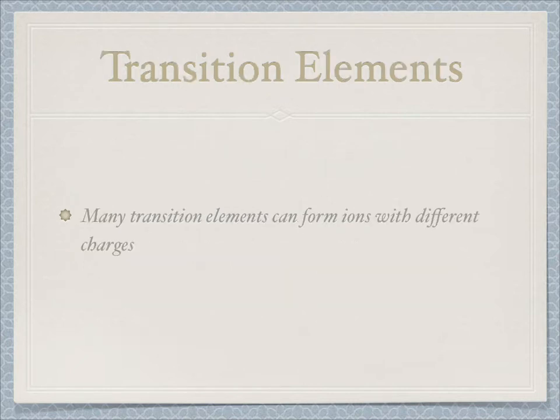There are obviously a lot of metals that are transition metals, and these are a little bit harder because they don't always form just one ion. They can form two. So for instance, you can have copper with a +1 or copper with a +2 charge.